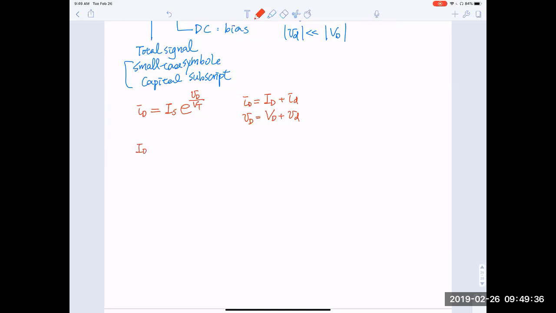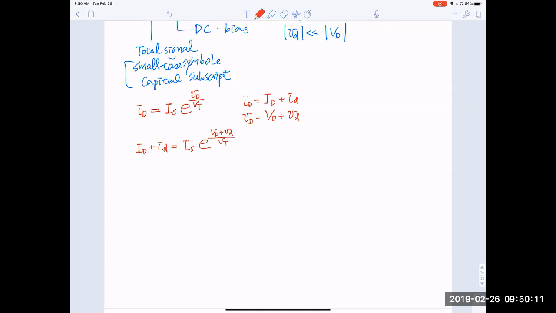I_D plus i_d is equal to I_S exponential of (V_D plus v_d) divided by V_T. Okay, so this is a new solution when I superimpose this small signal. We could solve this equation just like the iteration we used for the previous equation.